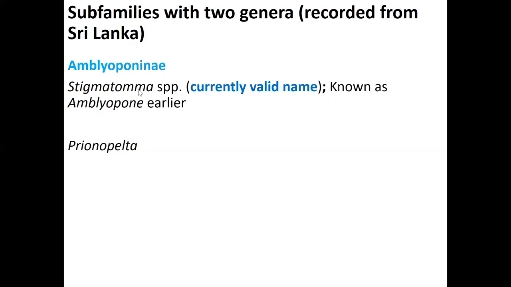So now Amblyopone is placed in the genus Stigmatomma, one genus, Stigmatomma. I'm mentioning it again and again because even in my publications it's mentioned as Amblyopone earlier. This revision came about maybe 5 or 6 years ago, so you should know both names.